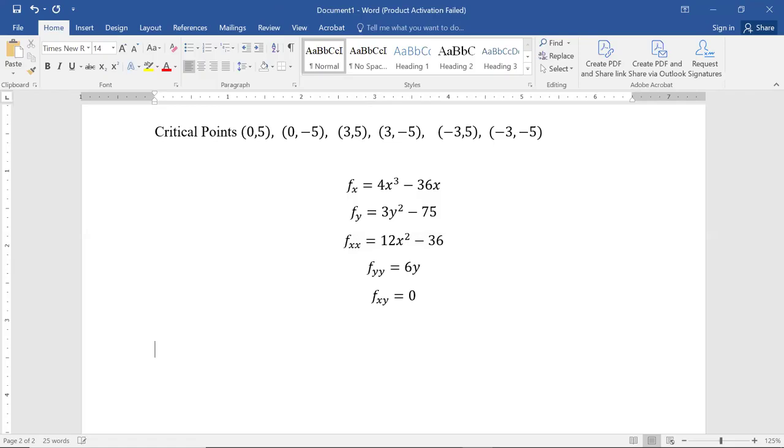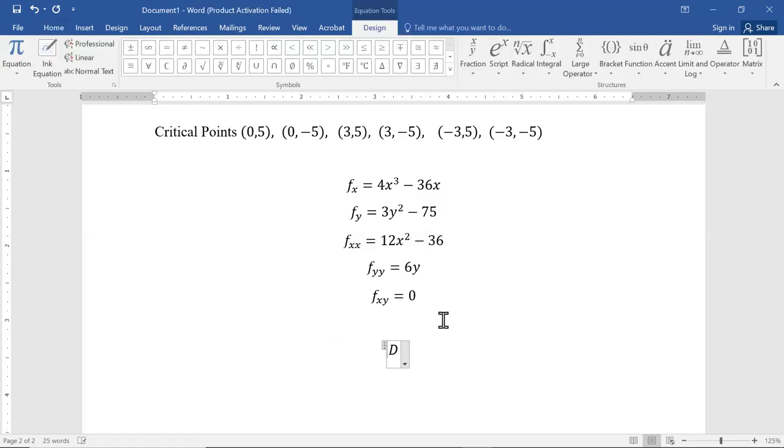So the value of d is going to be 12x squared minus 36 multiplied times 6y minus 0 squared. I'm not even going to write the minus 0 squared because that's not going to do anything to us. So that's the value for d.